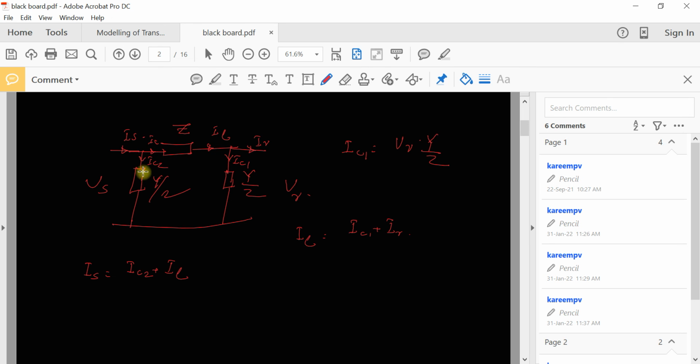IC2 is the charging current or the current flowing through this capacitance. And here you can see that at the terminal of the capacitor you have a voltage of Vs. So Vs into admittance will give you the current flowing through that. So IC2 will be equal to Vs into Y by 2. Therefore IS is equal to Vs into Y by 2 plus IL. This is the expression.